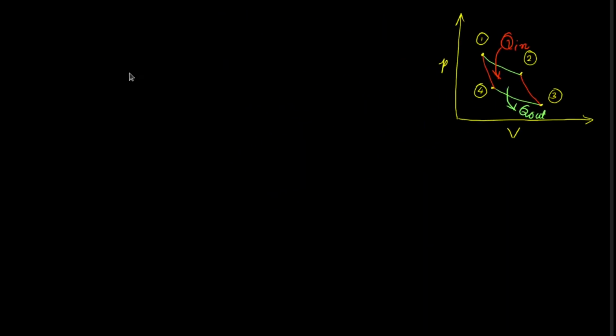Now, we are going to consider the process 2-3. For process 2-3, we know that it is a reversible adiabatic process. We have the expression for a reversible adiabatic process, that is PV raised to gamma is a constant. We have seen it before. This is actually equivalent to T V raised to gamma minus 1 equal to a constant.